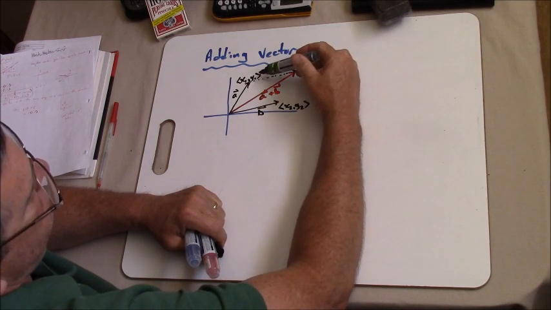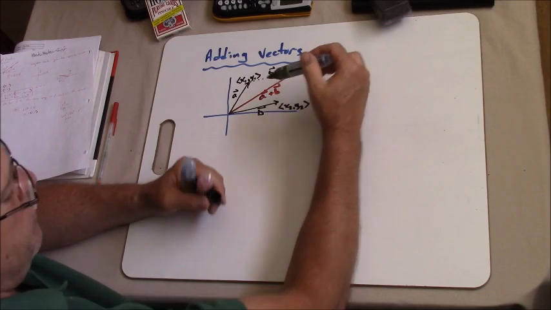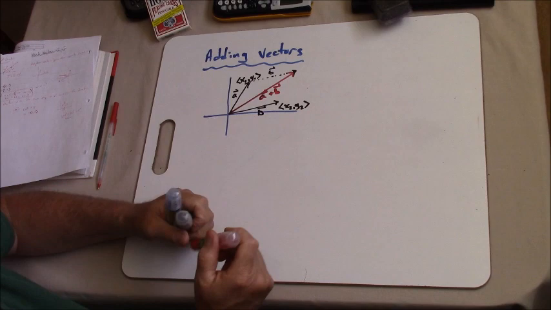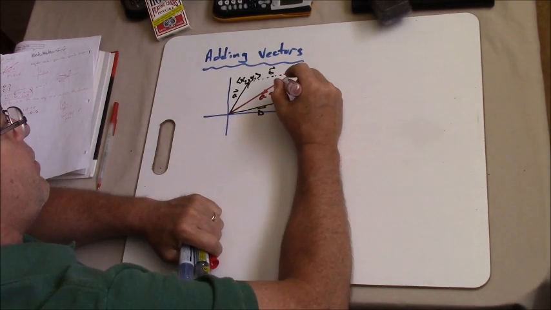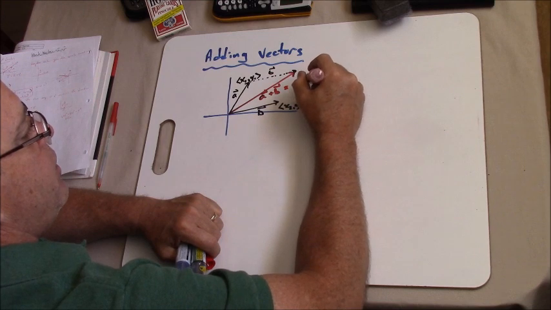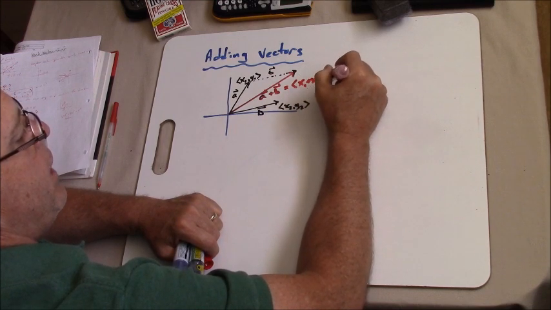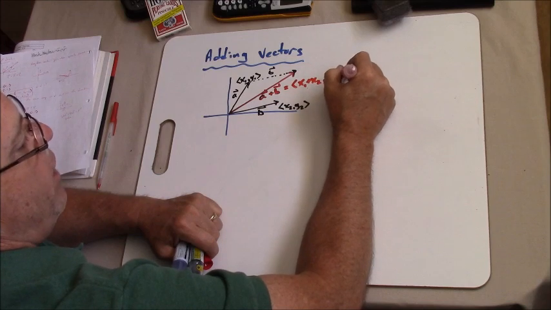Notice how I wrote these in component form because they start at the origin and go to a certain point. Then A plus B is just going to be, in component form, x1 plus x2 comma y1 plus y2.